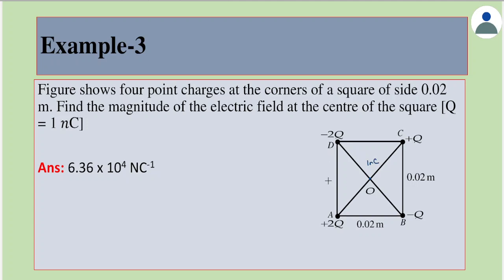Find the field which the charges at points A, B, C and D create, and then add them by the principle of superposition of electric fields. The answer would be 6.36 × 10^4 Newton per Coulomb. So try this and see.